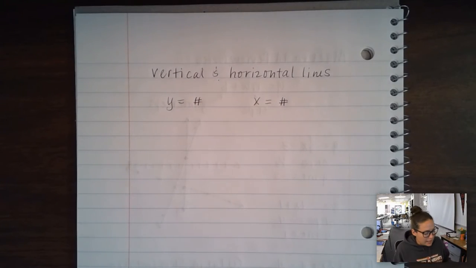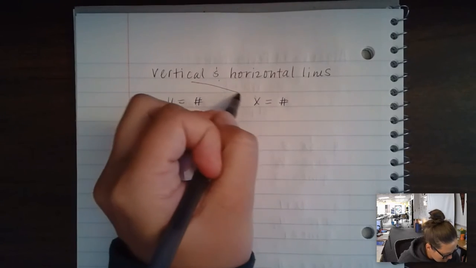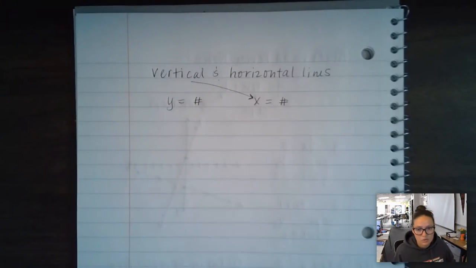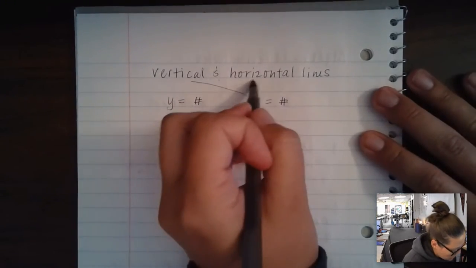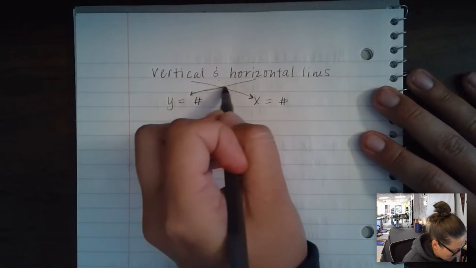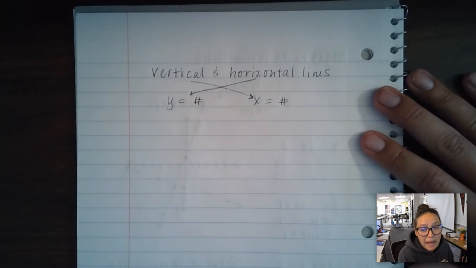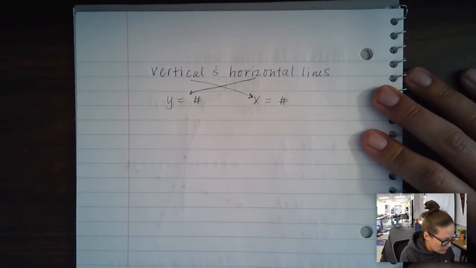And when this is the case, that means it's going to be a vertical or a horizontal line. And the vertical lines are x equals a number, and the horizontal lines are y equals a number. Now that might seem backwards, but let's do a couple of examples here.